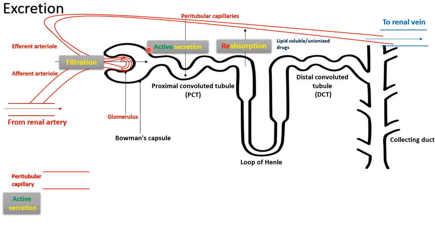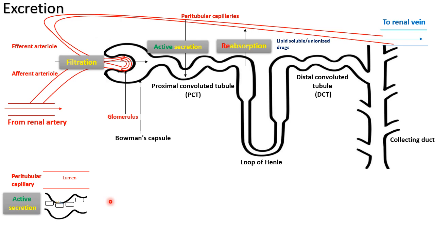Here we have our peritubular capillary, and this is the lumen of our peritubular capillary, and here is our tubule, and these cells here are the endothelial cells, or the cells of the wall of the tubule.